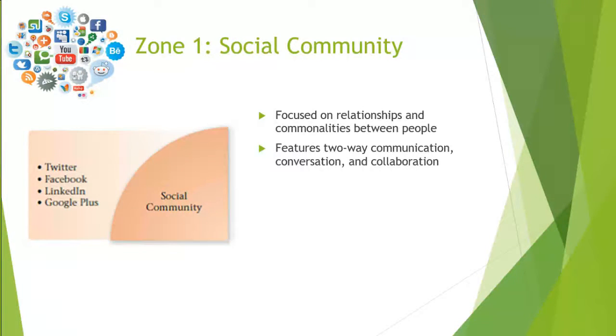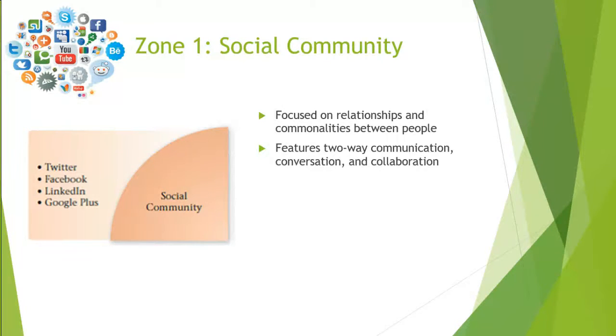There's a few others that fall into this social community zone that we'll touch on, but those are the big ones. They're the most popular, the most used social community, social networking platforms. All of these platforms emphasize individual contributions to a community. So each individual is contributing to these sites, but they are coming together in a relationship format.